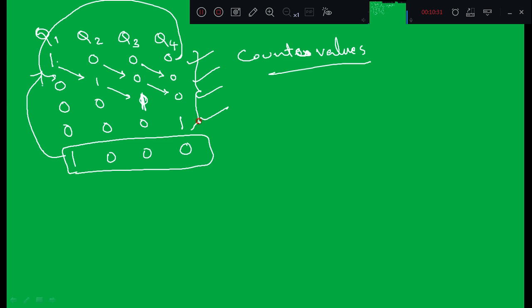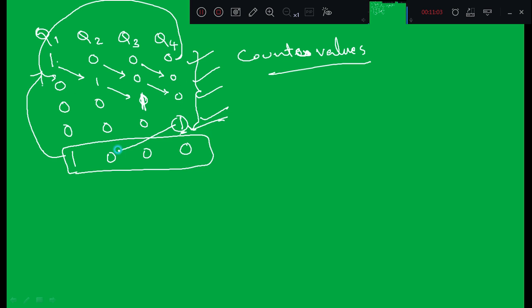So why is it called a ring counter? Because this acts as a circular shift register as well, right? See here, after application of the 5th clock pulse, this 1 is not getting destroyed or shifted out. It will be rotated, right? It will not go out of the circuit or vanish. It will be retained by connecting Q4 to D1, right?